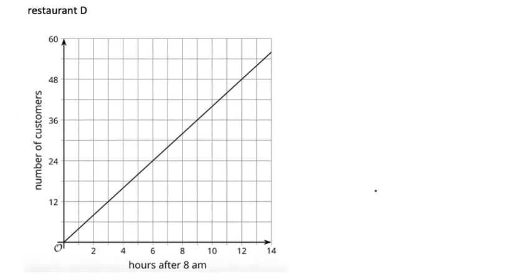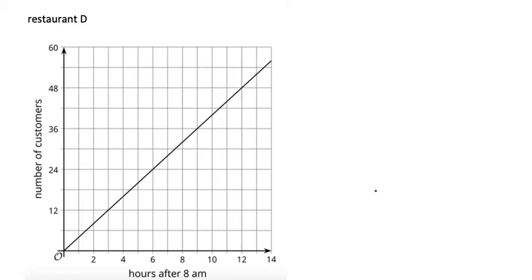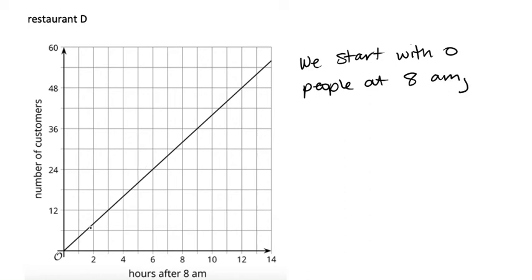And the final graph, restaurant D, we can see that we start with 0 people in the restaurant at 8 a.m., and then the number of people in the restaurant is gradually increasing at a steady rate throughout the day, because the line is going upward and the number of customers is increasing.